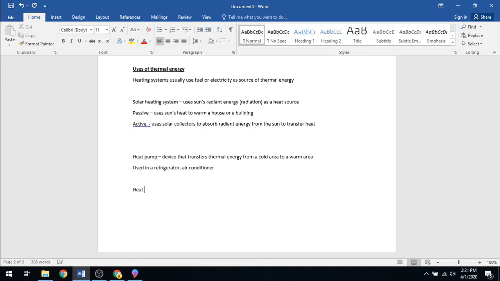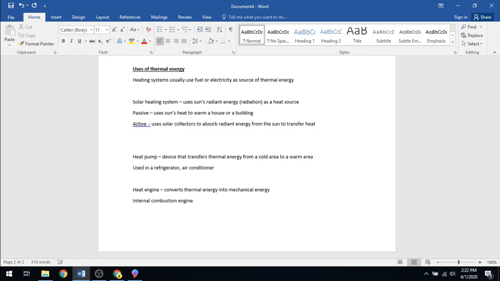The next thing is a heat engine. This converts thermal energy into mechanical energy. One example of that is an internal combustion engine.